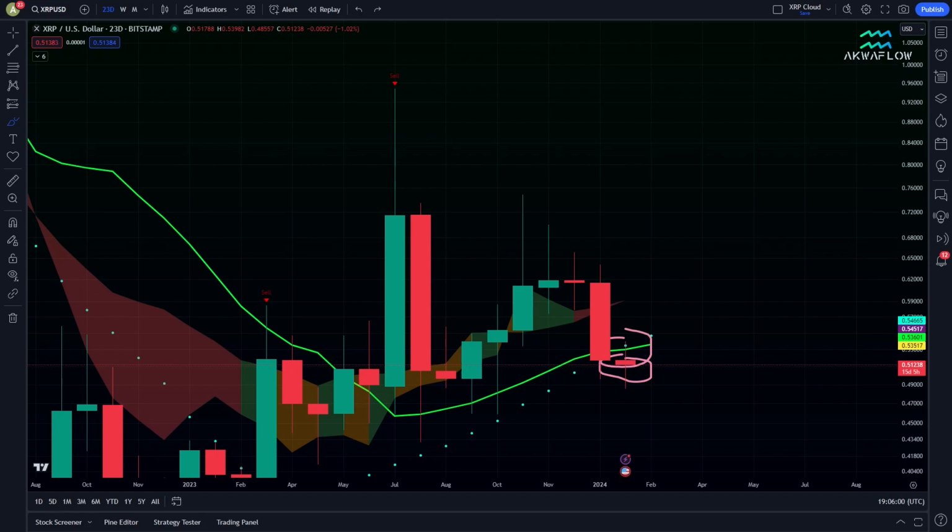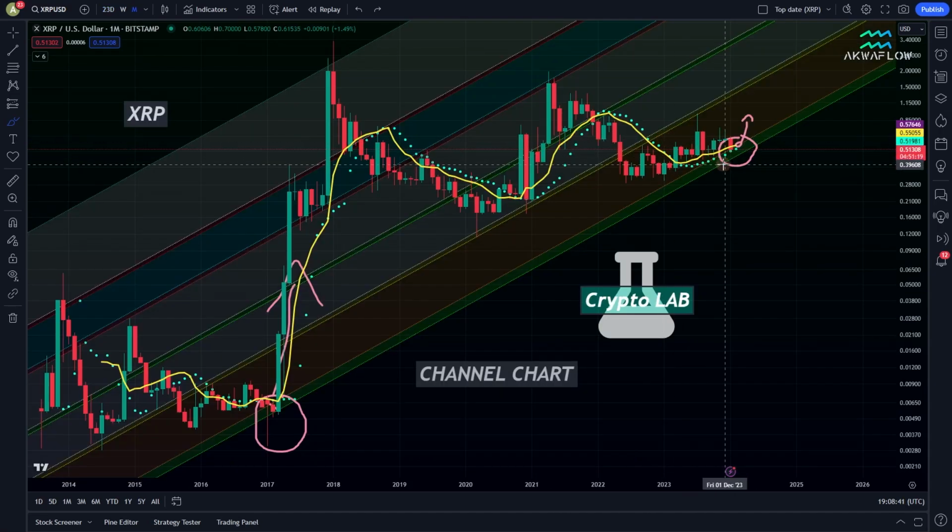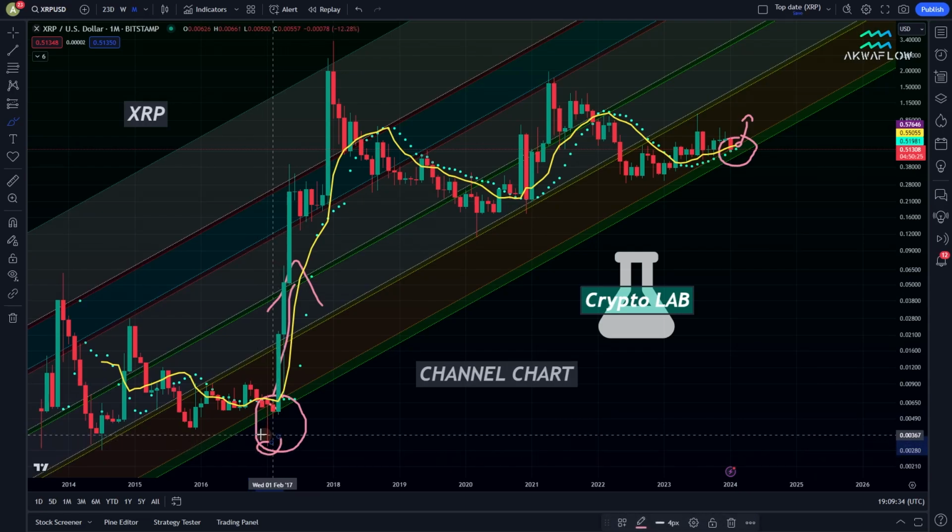It's no surprise to feel uncomfortable because we see bearish signs in the charts. That said, looking at this chart, we can still have hope. Why? Because during this phase of the market in the past, before the bull run of 2017, we were in a similar phase. Indeed, XRP was very bearish. We even had this bottom that was very close to this bottom.